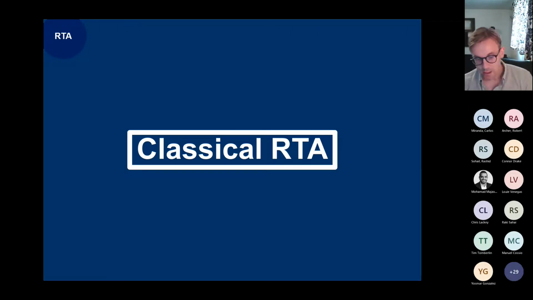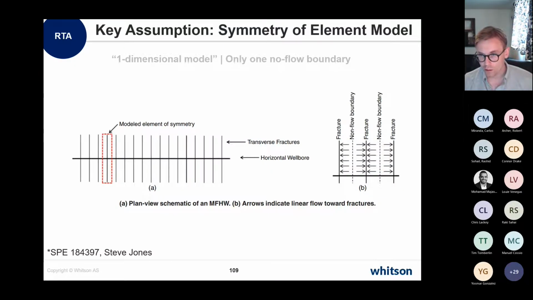classical RTA, and the classical RTA is the first thing that we always learn about when it comes to RTA in general. The key assumption is a one-dimensional model, the so-called symmetry element model that we talked about before, which also means that there is only one no-flow boundary, and that no-flow boundary is between the fractures.